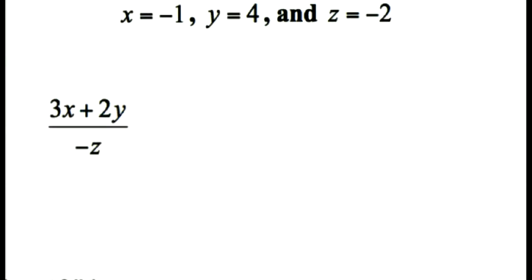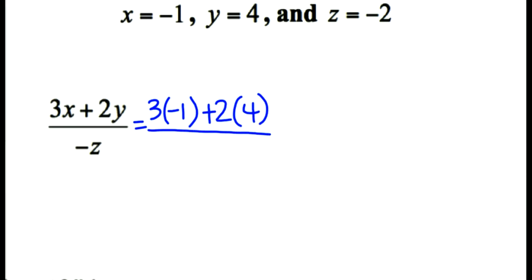Here's a little bit harder one. We have 3 variables and I have a fraction with variables. So I'm just going to substitute like we did with the two variables. So I have 3, my x value is -1, and my y value is 4, and my z value is -2, but I have a -2.